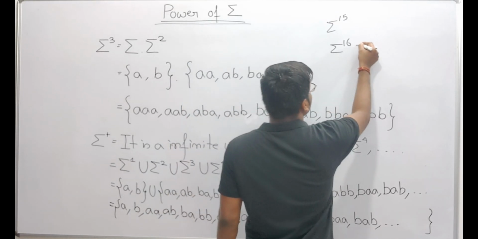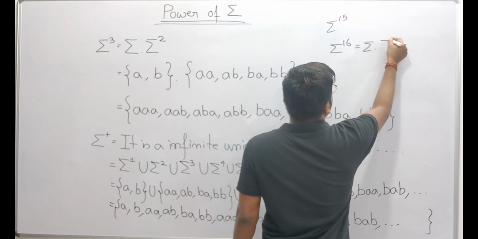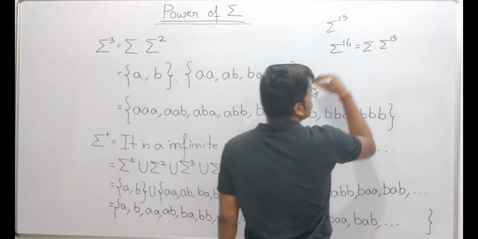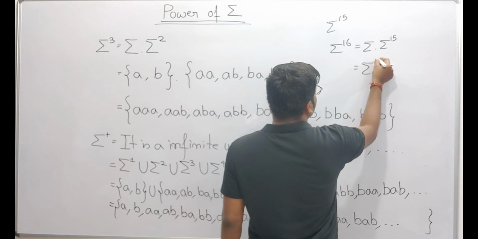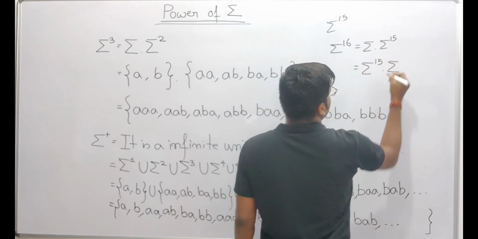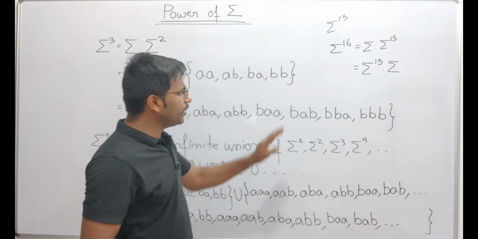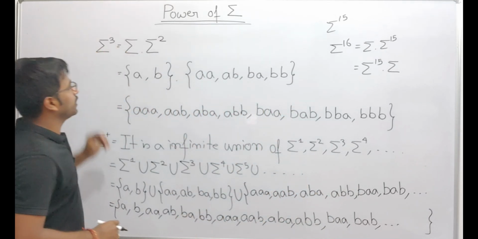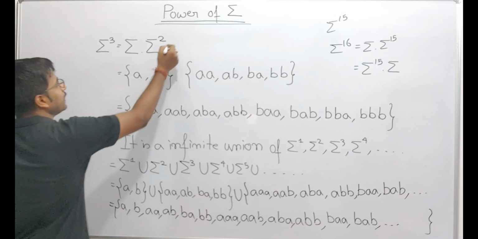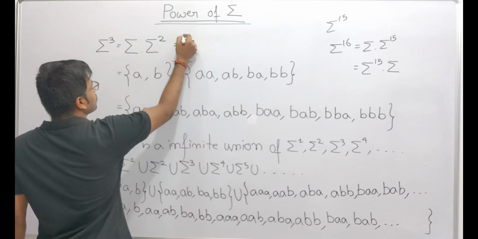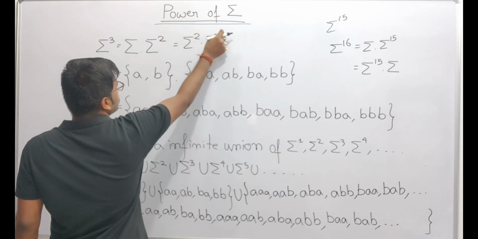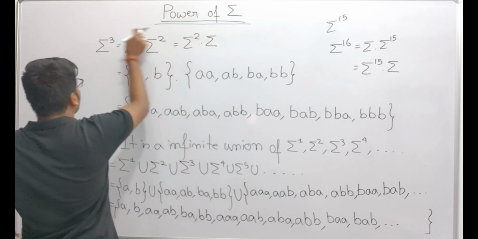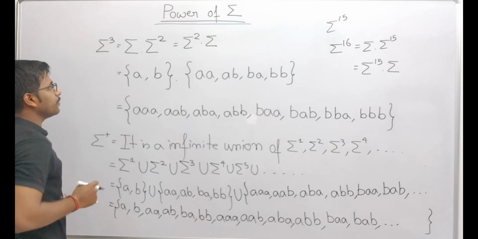Sigma 16 is either sigma dot sigma 15, or in this way you can write sigma 15 dot sigma. Both ways you can calculate. I have taken sigma 3 here. For sigma 3 you can write sigma dot sigma square or sigma square dot sigma. Both these powers add up and give you sigma 3.